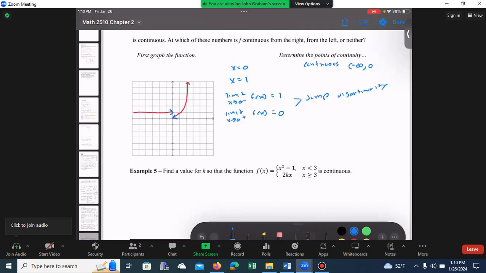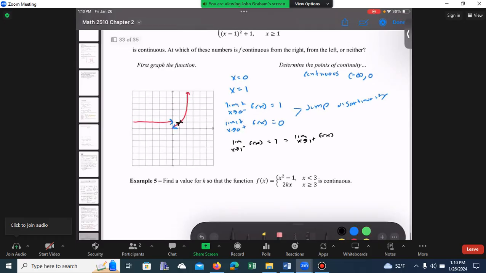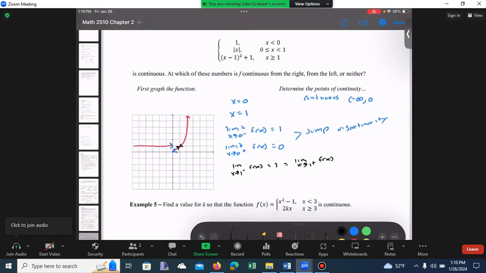Now we look at x equals 1. Well, the limits there are both the same. Limit as x goes to 1 from the negative side of f of x equals 1, which also is the same as the limit as x goes to 1 from the positive side. We also can look at the function value f of 1 equals 1 minus 1 squared plus 1.